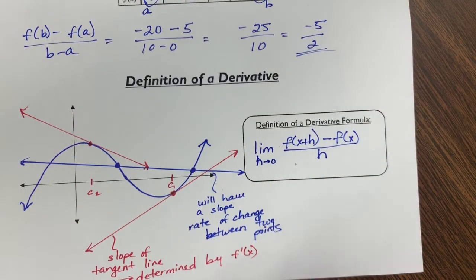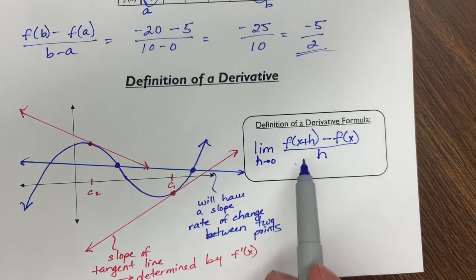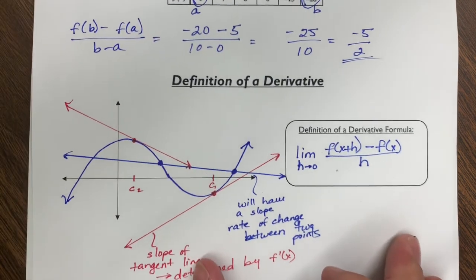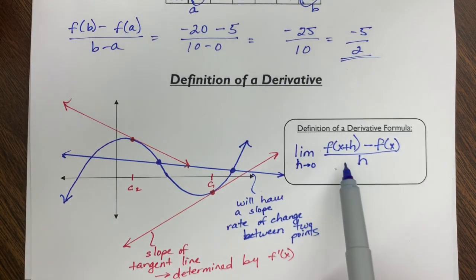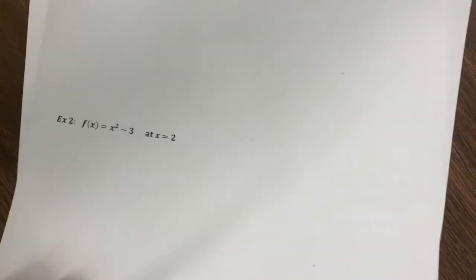So we haven't quite escaped limits yet. You're still going to see some problems that involve limits, especially for the derivative. This is how every textbook and every calculus class will have you start taking derivatives, by using this formula.